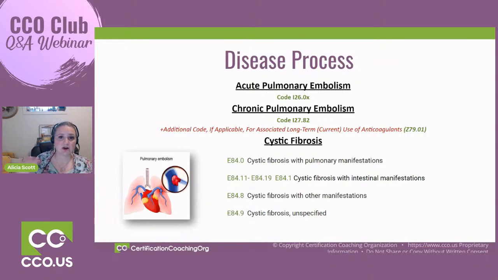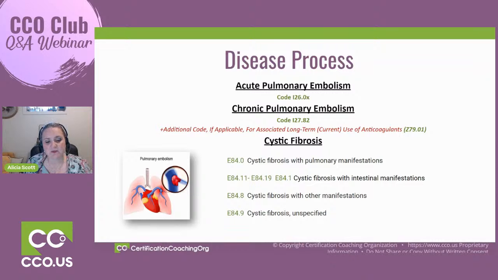That is one of the common treatments for the clots that the patient might have. Now, there are all kinds of cardiac issues where they would be on anticoagulants, but when a person is dealing with embolisms and thrombosis, they're on anticoagulants. We also can't forget to mention cystic fibrosis because that affects the lungs. And you look at that and you say, well, why is it an E code? Well, that's part of the disease process, but it's a tightening and thickening of the lungs, they get fibrous is the best way to say that.